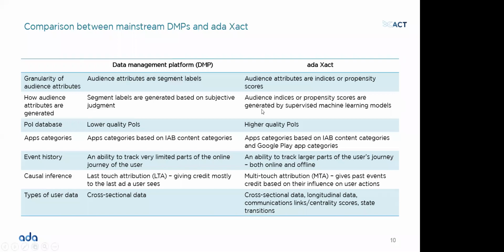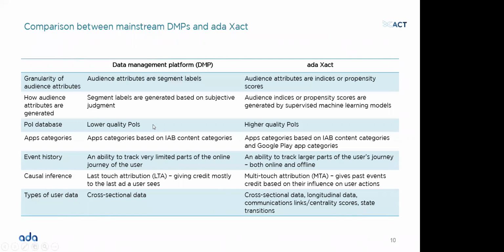But here, what we try to do is we try to obtain labeled data, either from our banking partners, from credit card companies like MasterCard International, or from other sources of curated data that have actual spend information, like, for example, our telcos. And then we use this actual spend information to build supervised machine learning models that predict the income of a consumer, the income indices of a consumer.